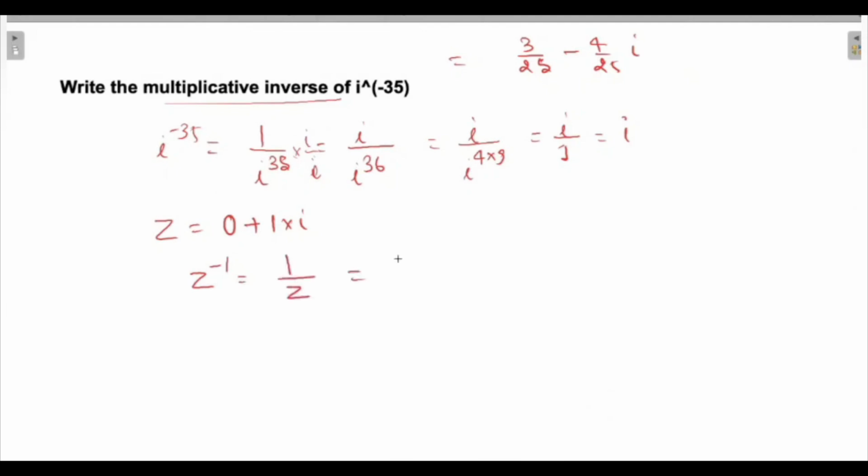And 1 by z is nothing but 1 by i, and 1 by i I can again write as i divided by i square. I just multiplied it with i in numerator and denominator. So i square is going to be minus 1. So I got minus i. So this is the multiplicative inverse of i to the power minus 35.